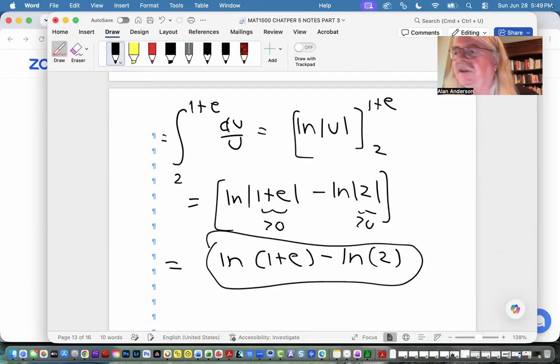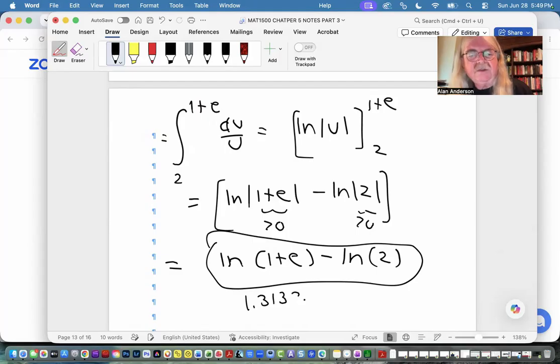If you want to look it up in your calculator, you certainly can. The log of 1 plus e is approximately 1.31326.